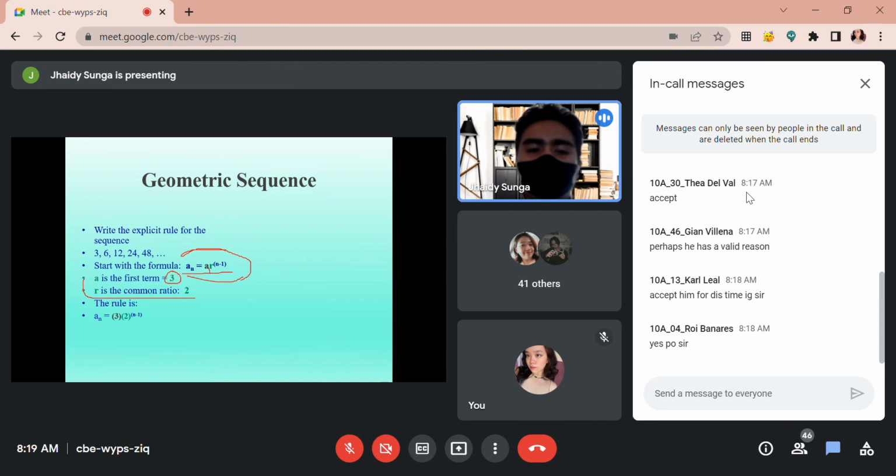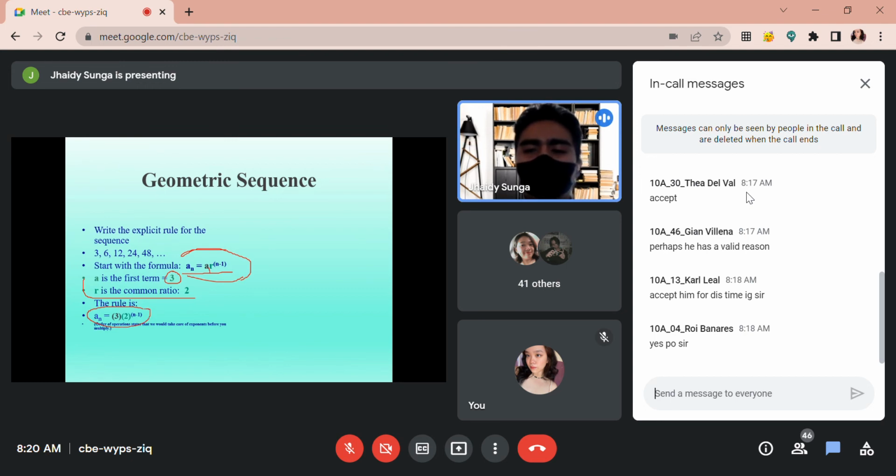So that will be the explicit rule. Regarding operations, it is stated that we would take care of exponents before you multiply. You know it already in PEMDAS, no? So this is the explicit rule already.